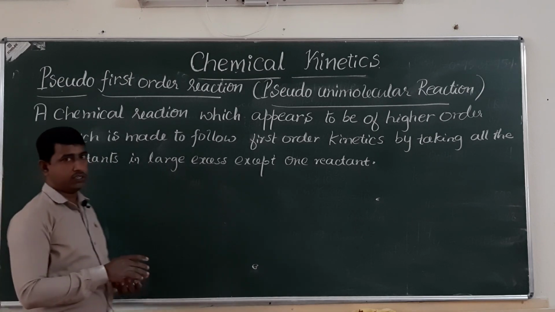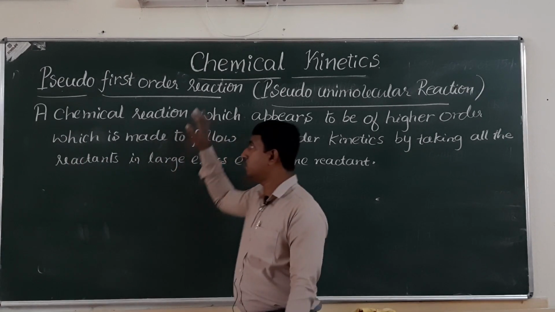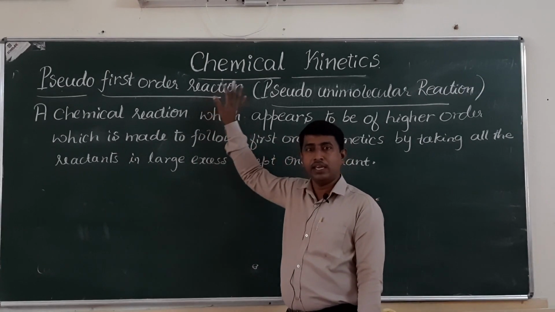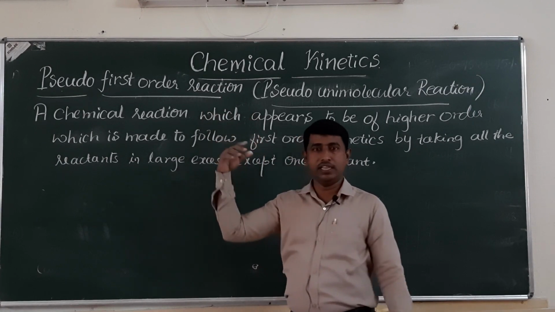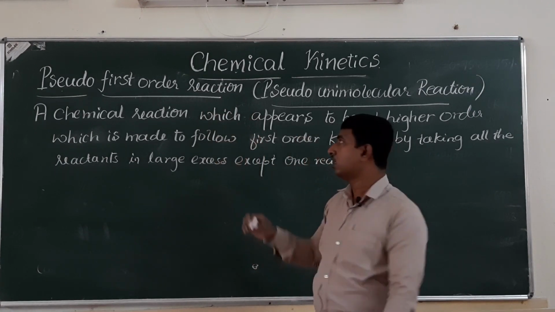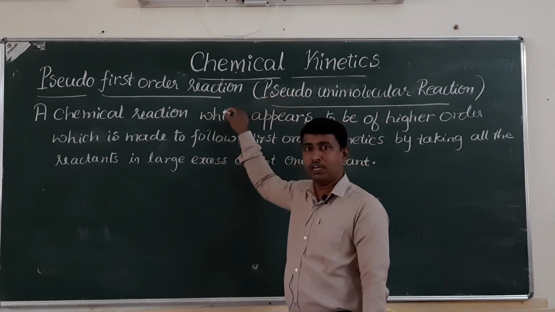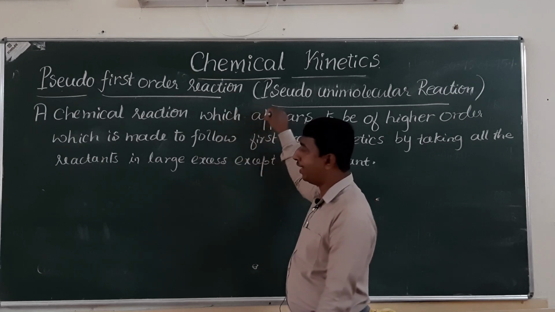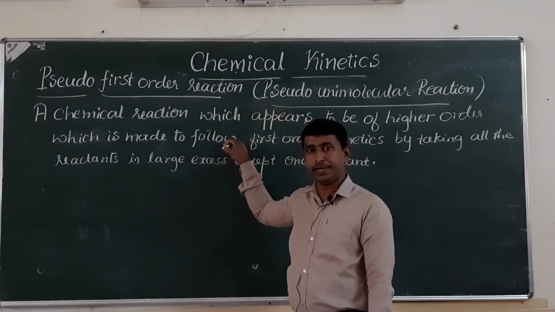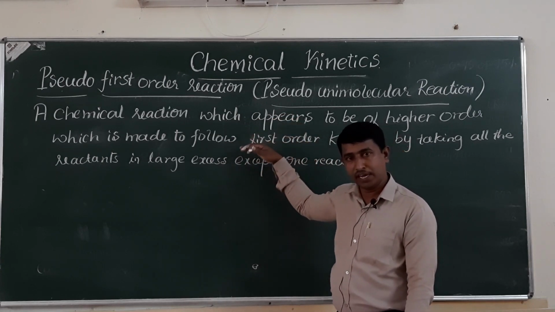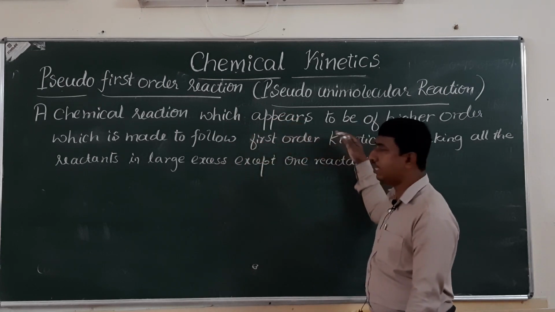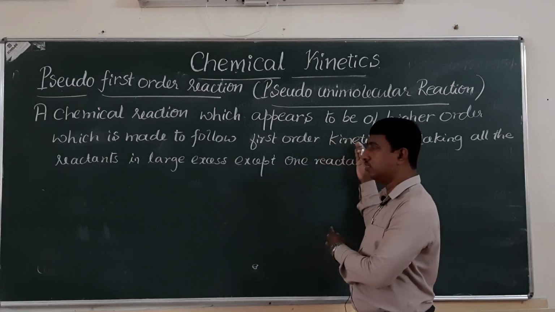So, a pseudo first order reaction is a chemical reaction of higher order, order greater than 1, which is made to follow first order by varying the concentration. How to vary the concentration?